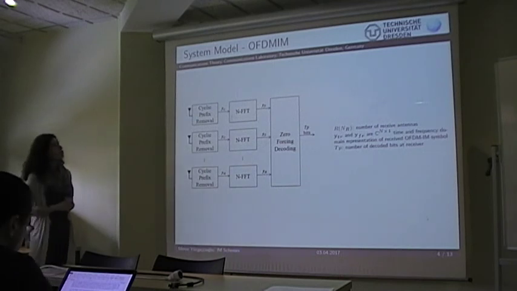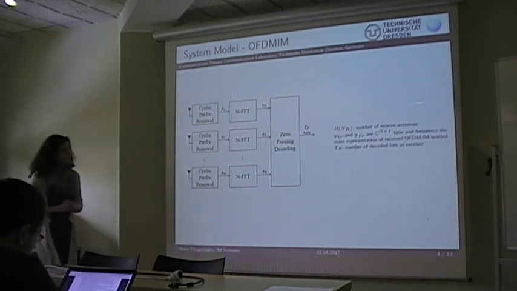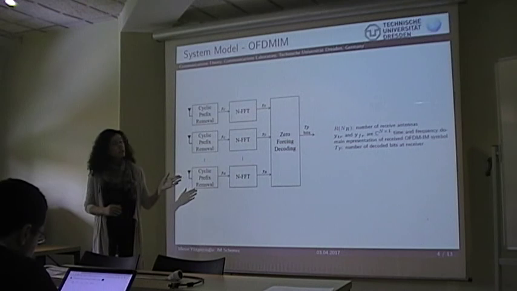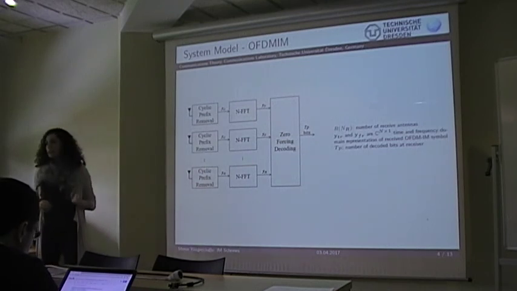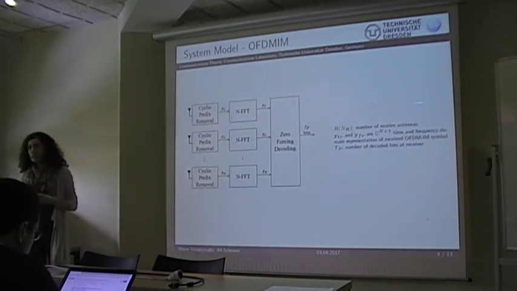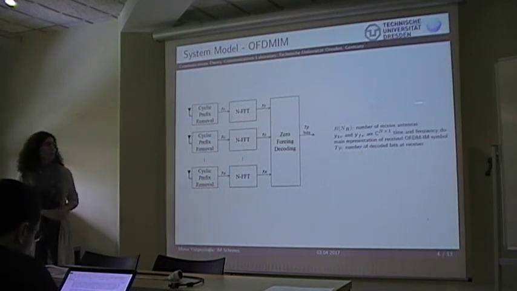And if we look into the receiver structure, again, until the decoding block, everything is the same as the classical OFDM system. The only difference at the decoding part is that the receiver should decode both the active subcarriers and the M-ary modulated data at the same time.